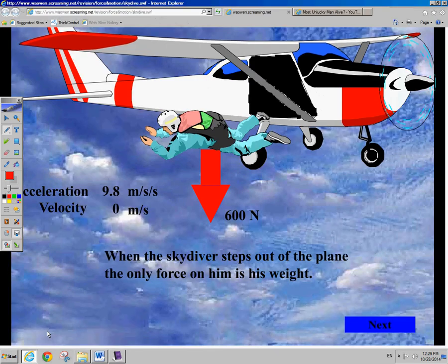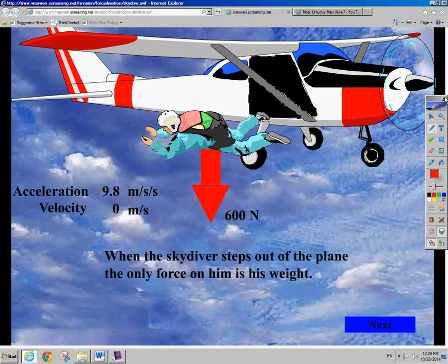All right, so here we have a skydiver who steps out of the airplane. And when they step out of the airplane, the only force acting on them is the downward weight force, the 600 newtons.